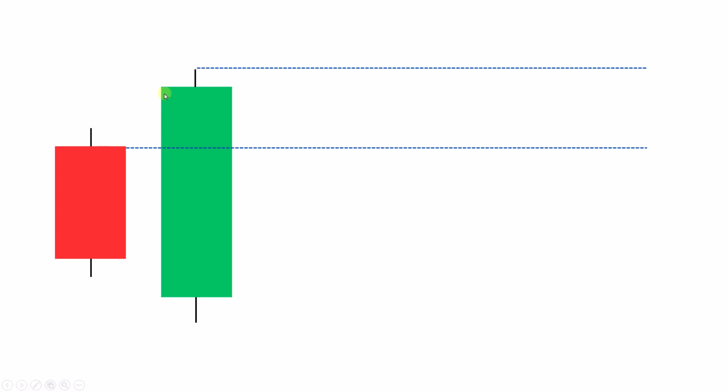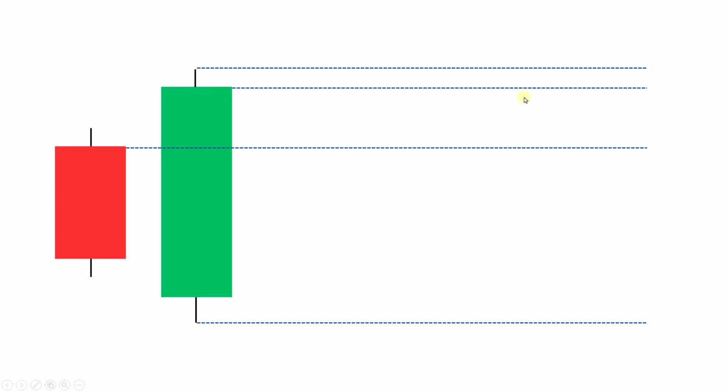We take the opening price of the first candle, which is this, and then we take the high of both, which is this. Out of this high and this high, this is the highest, and so we consider this. And then we take the low of both candles, whichever is the least. So this is the least, so we take this as the low, and we take the closing price of the second candle. This is the closing price, correct?